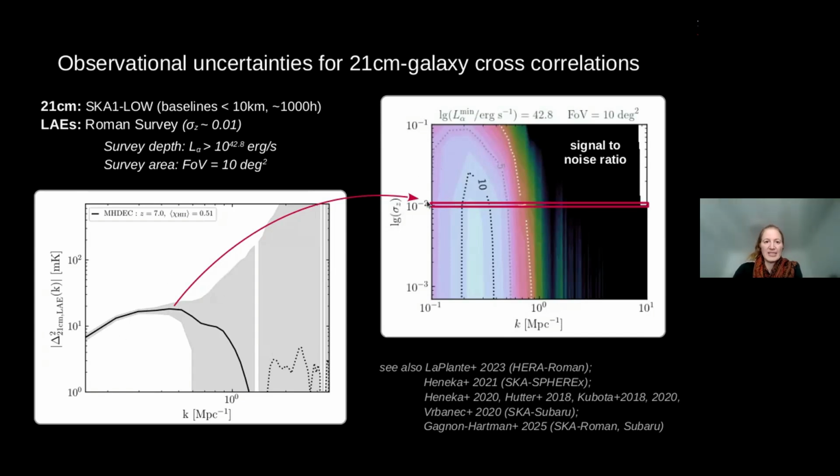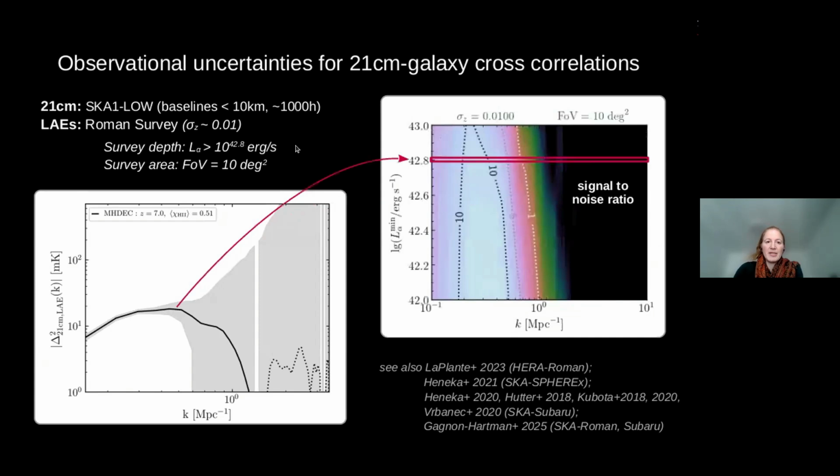You can clearly see that if you increase your redshift uncertainty, your signal to noise ratio goes down, and you also shift your sensitivity to larger scales.